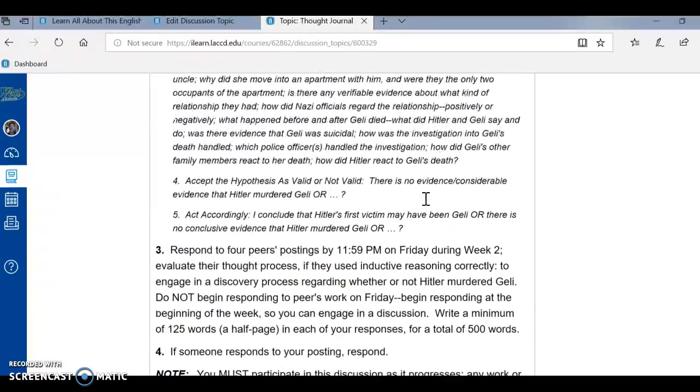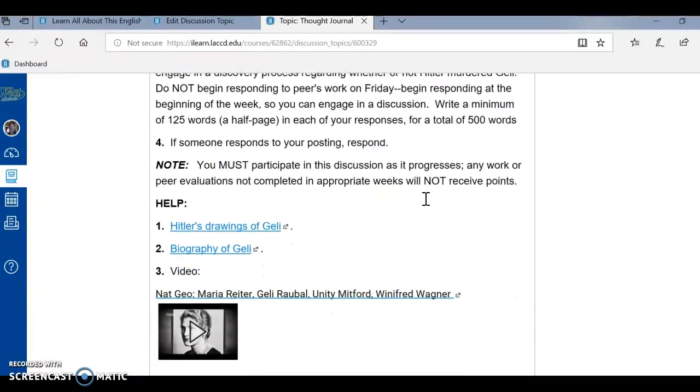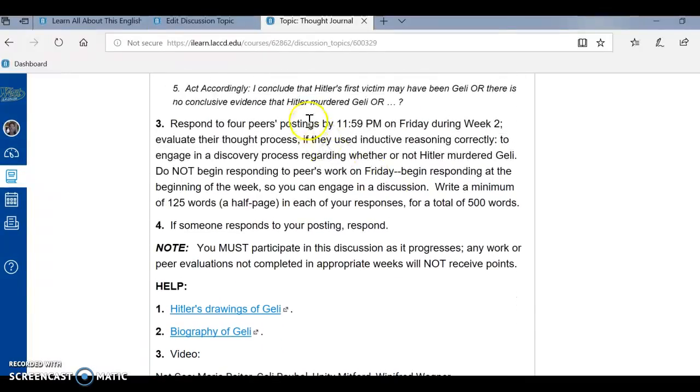Okay, so read these directions very carefully, and you're going to engage in the scientific method during this week, and next week you will respond to 4 peers' postings by 11:59 p.m. on Friday, which is week 2.